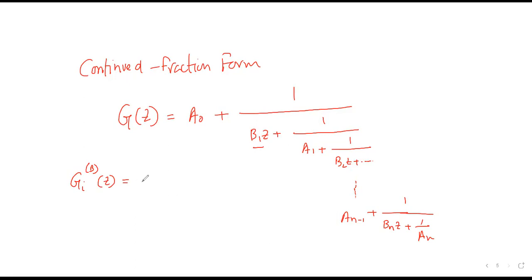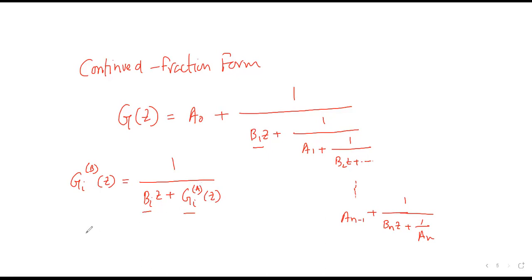So we can write in this way, G i B Z equal to 1 by B i Z plus G i A Z. Okay, so this is the B function of the ith one, which is having B i here and G i of the A function as well.